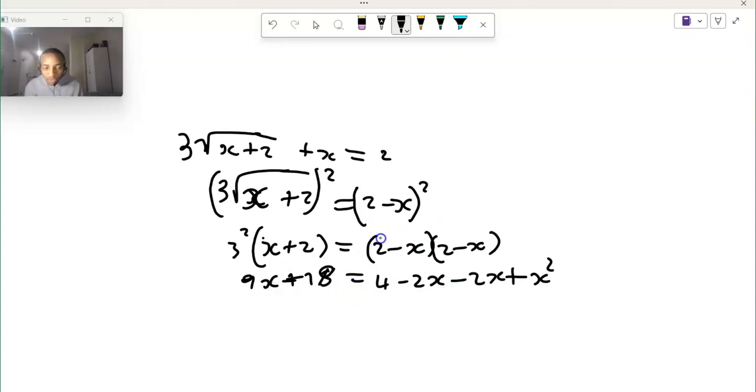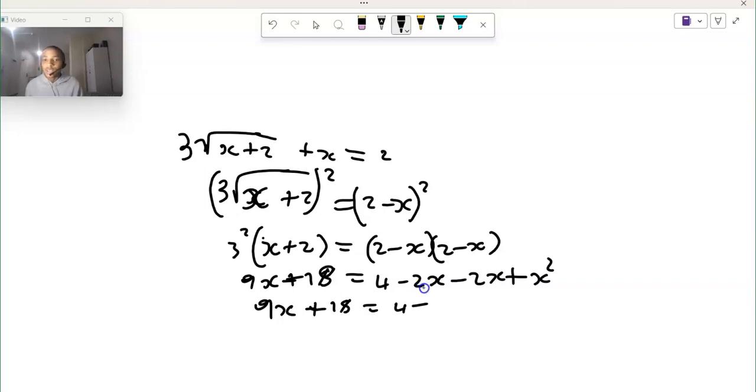So we need to continue with this one. Okay, so we have 9x plus 18 is equal to 4 minus 2x minus 2x.